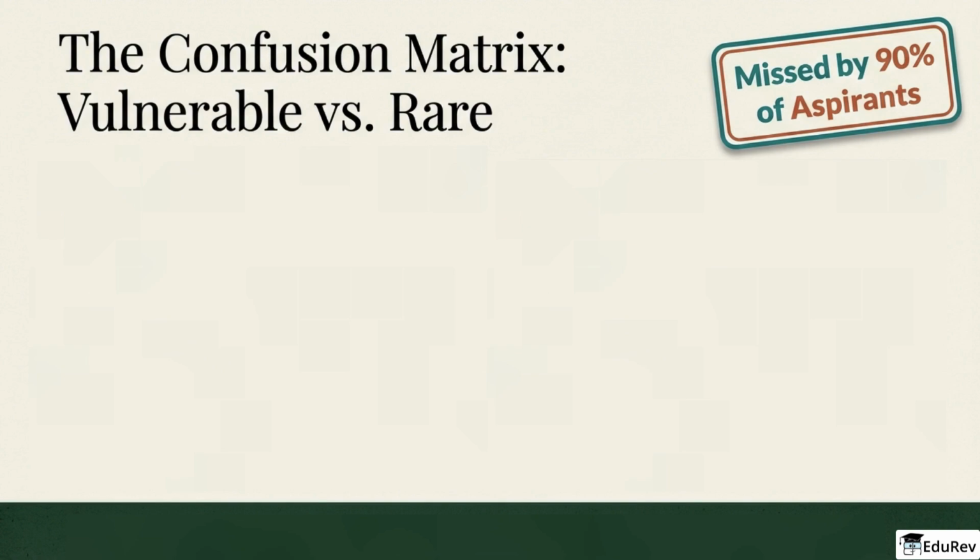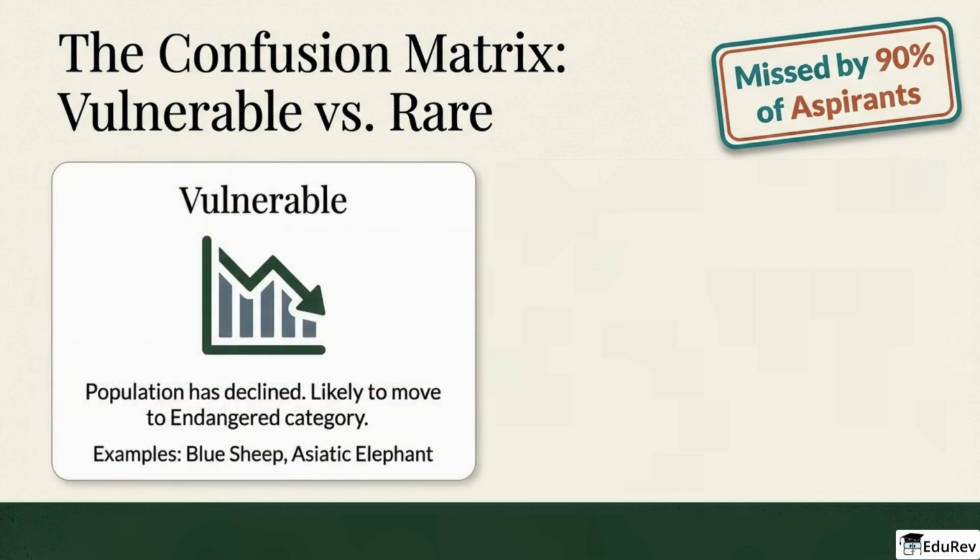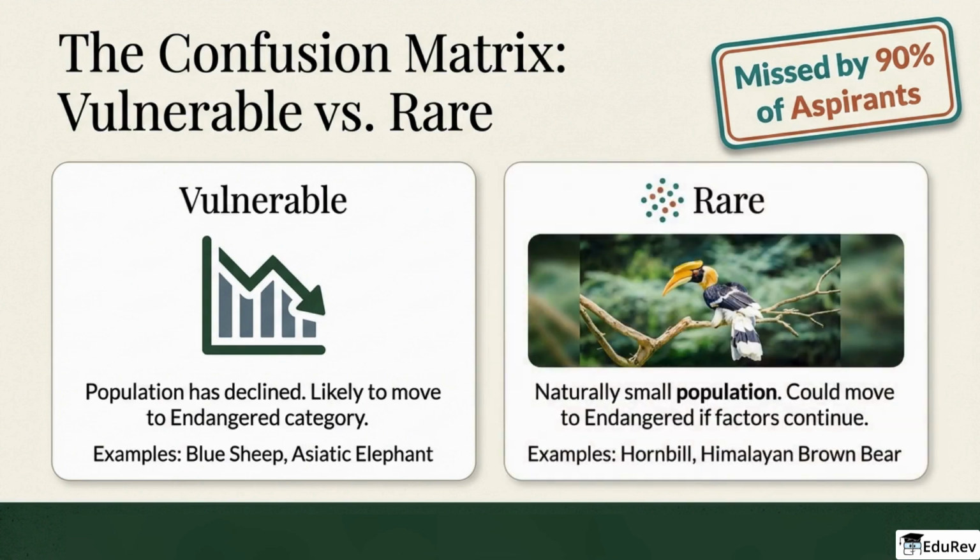Now comes the category pair that causes the maximum confusion. Vulnerable versus rare. Let's separate them properly. A vulnerable species is one whose population has already declined, and if that trend continues, it may move into the endangered category. The examples given here are blue sheep and Asiatic elephant. A rare species is different. Rare means the species has a naturally small population.